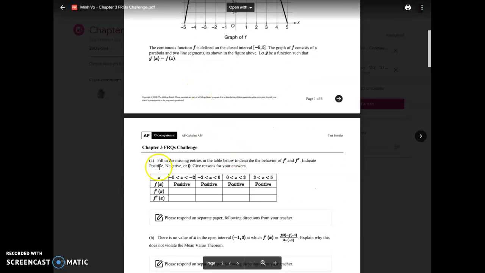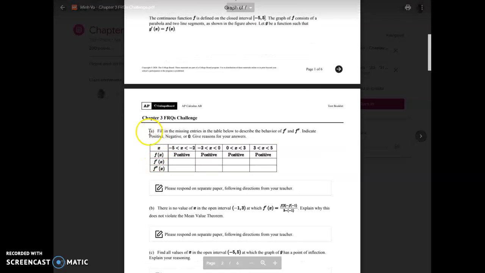In our first question, A, it asks us to fill in the missing entries in the table below to describe the behavior of f prime and f double prime. Indicate positive, negative, or 0, and give reasons for your answers.